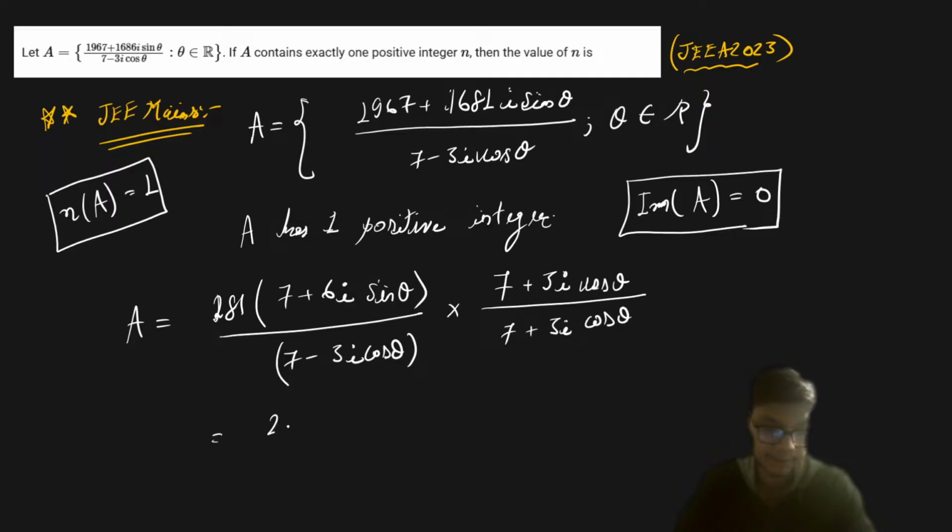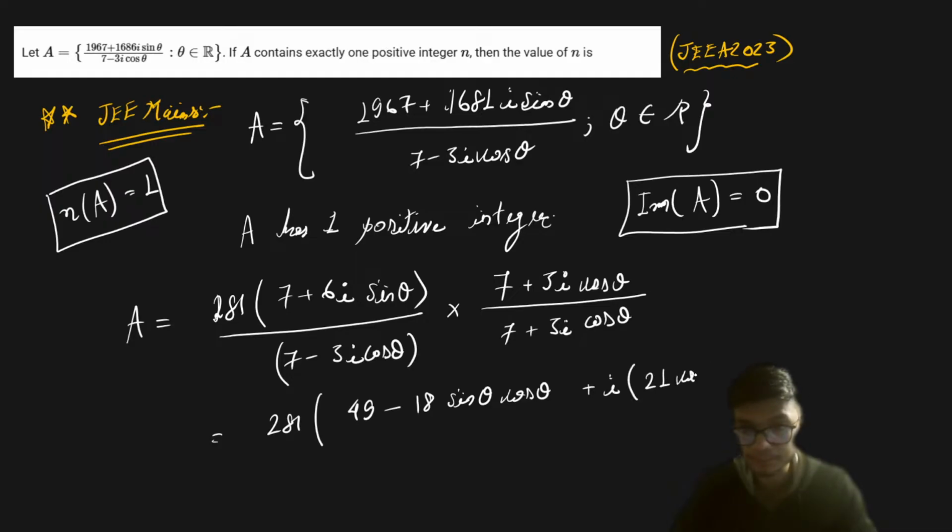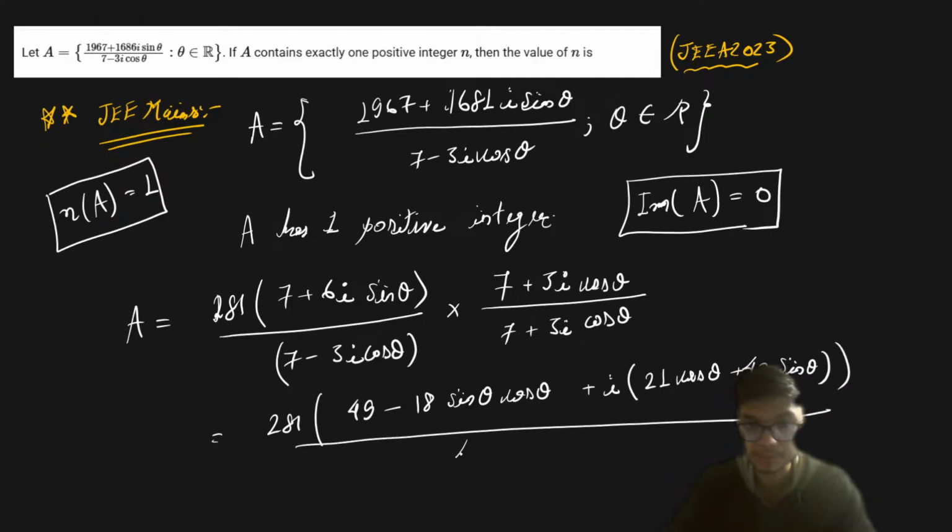If I do that, it turns out as 281 times [(49 - 18 sin theta cos theta) + i(21 cos theta + 42 sin theta)], and then the whole thing divided by (49 + 9 cos^2 theta). That's what you're going to have.